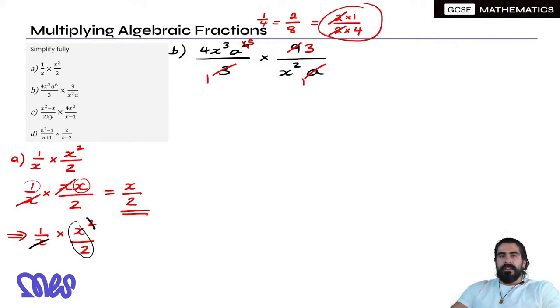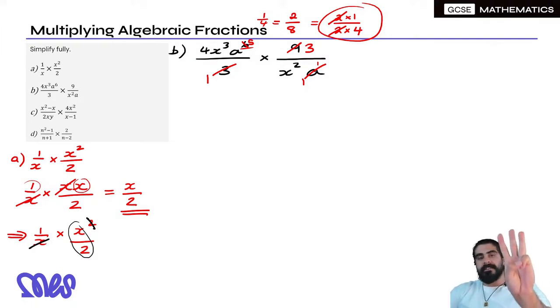Now, what else do we have? The last thing we have is x to the power of 3 on the top and x to the power of 2 on the bottom. So essentially, you might notice that we're just taking away the powers. Can you remember you see 6 here? This was a to the power of 1. So we do 6 minus 1 to give you 5. Same thing here. X to the power of 3 in the numerator means you have 3 x's multiplied by themselves.